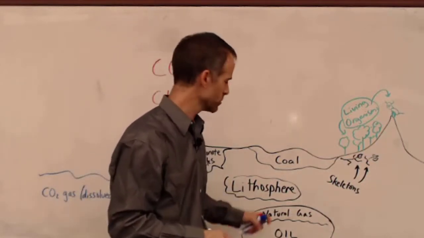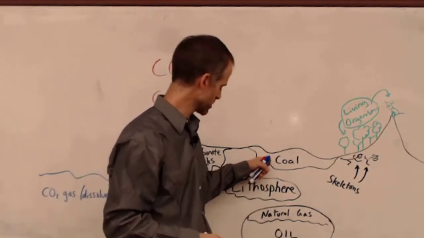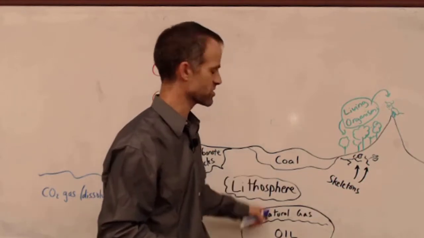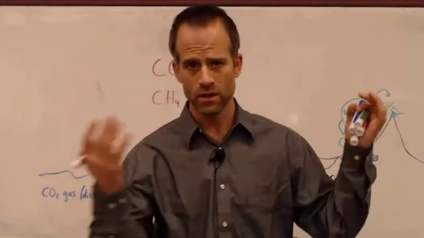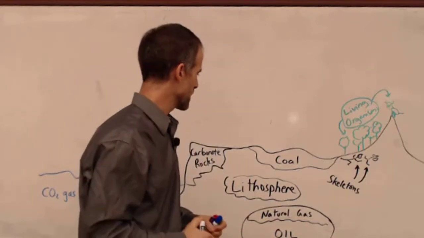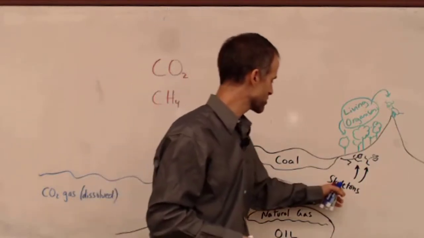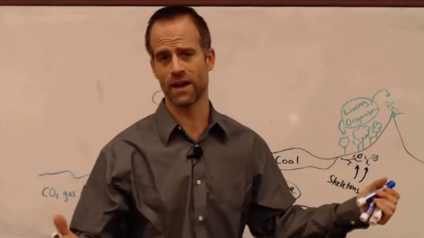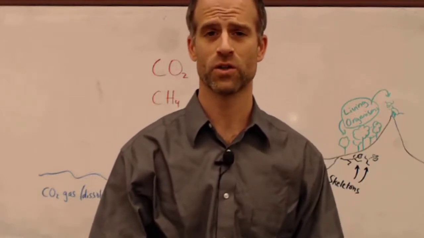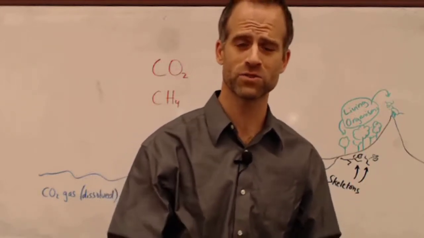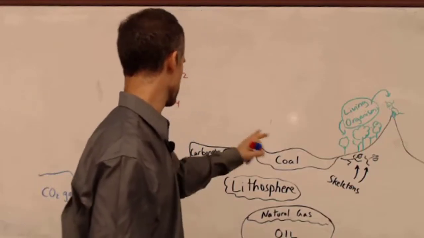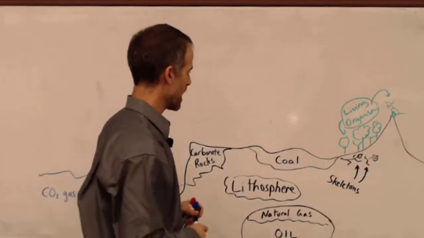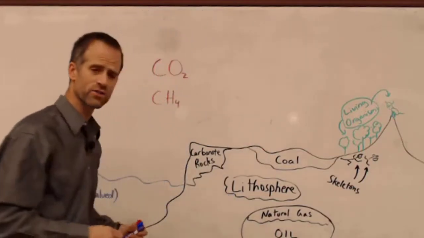Also, as fossil fuels, we can have coal, which is a solid, and we can have oil and natural gas stored in the earth. That's from fossils from a long time ago. We can have it stored as skeletons of animals. Now, that's probably not a humongous percentage of the stored carbon in the earth, but there it is. That's in the lithosphere.